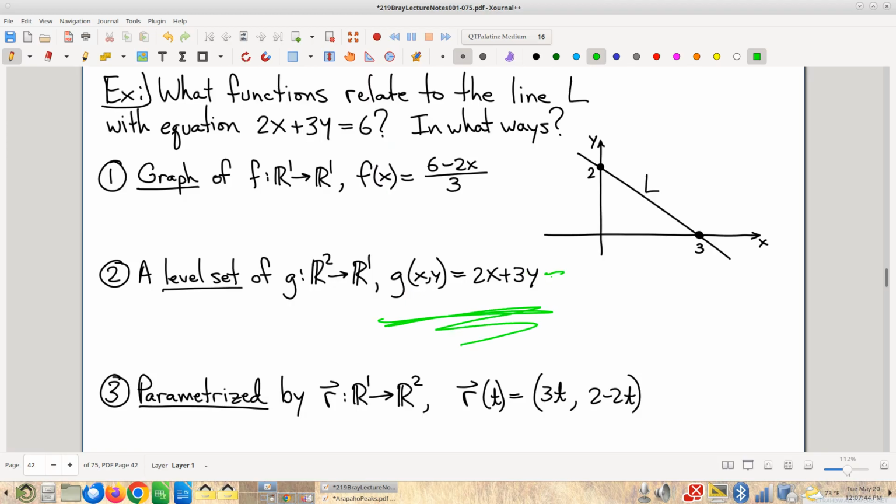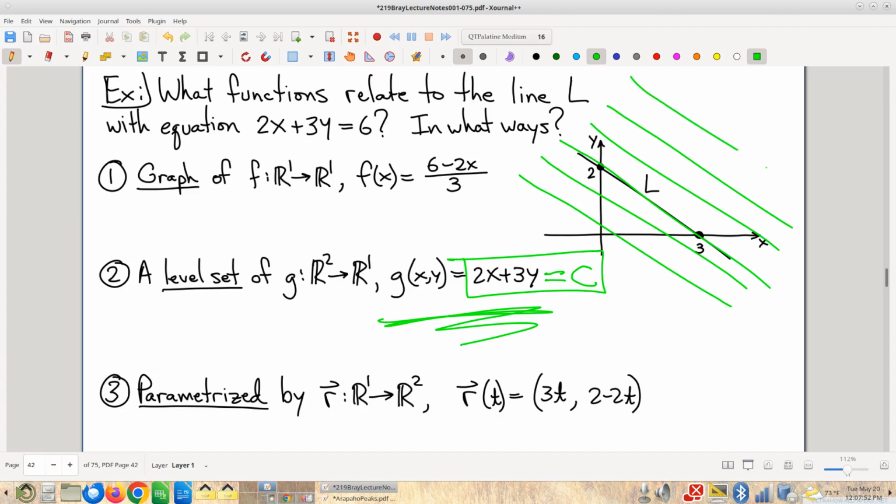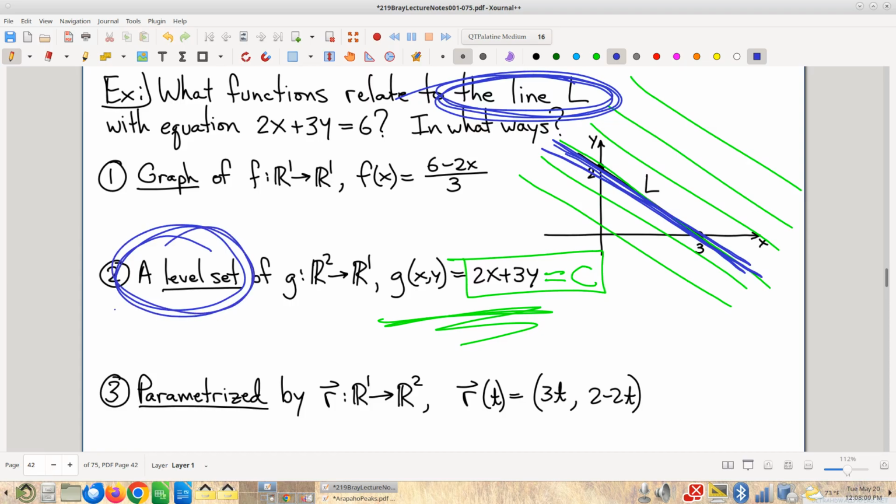And if I were to set that equal to various different constants, then what I would get is a bunch of lines, including that one, kind of like that. Yeah, that's right. So now the question says specifically the line L, right? So we're actually only interested in just that one line, but it remains that line is one of the level sets of this function. Yeah. Is that satisfying?